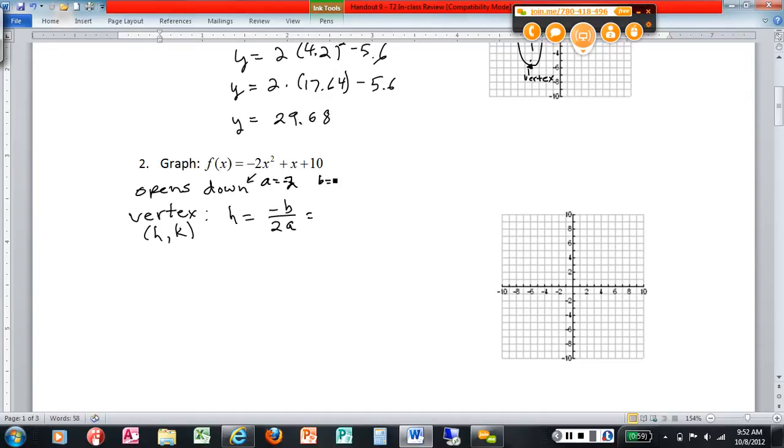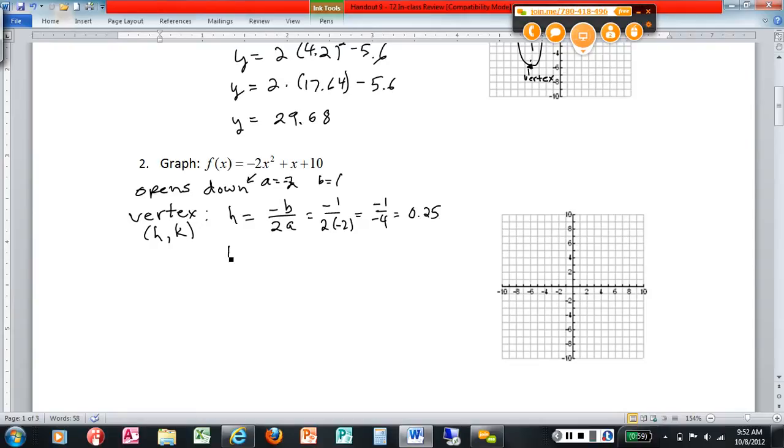And then the b is the number in front of the x, which is 1 in this case. So the a is negative 2, the b is 1. So I get negative 1 over 2 times negative 2 for my negative b over 2a. So that's going to be negative 1 divided by negative 4, which is a positive. Let's go ahead and change it to a decimal, 0.25. That's going to be the h.